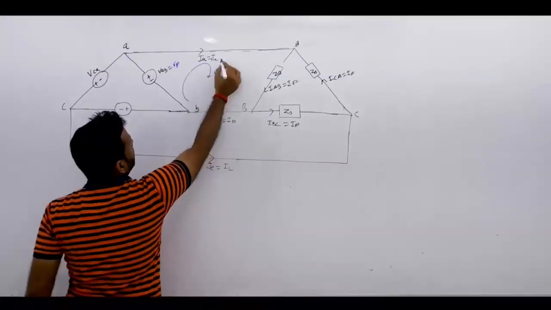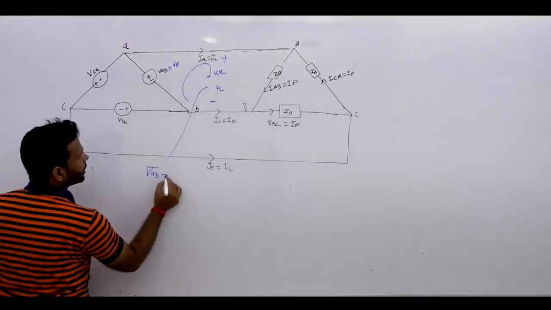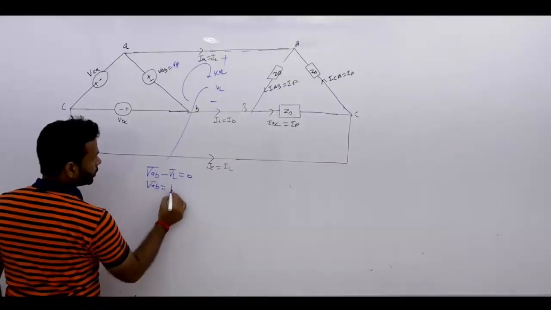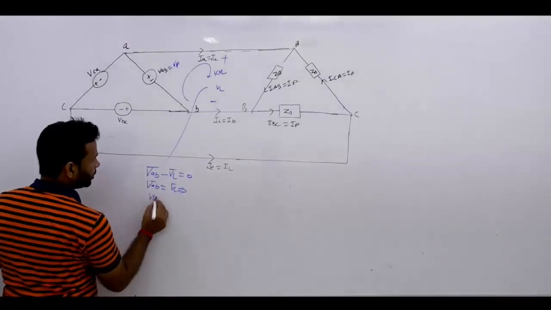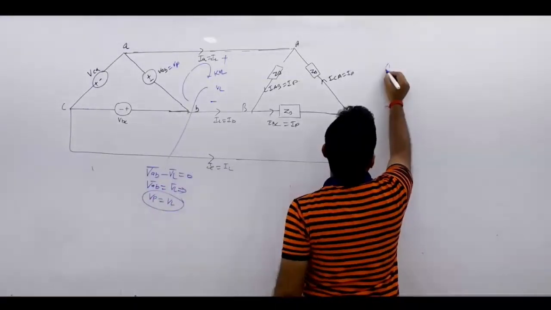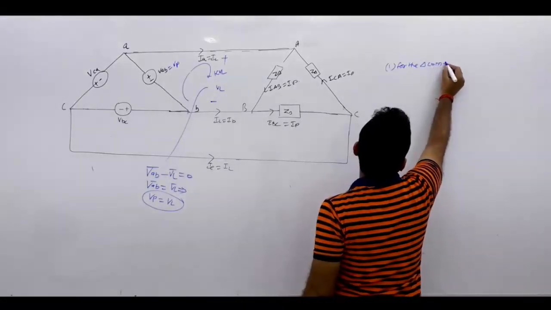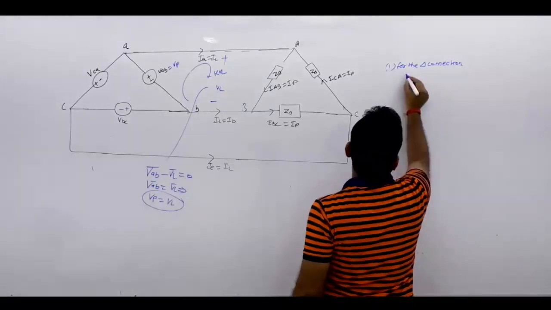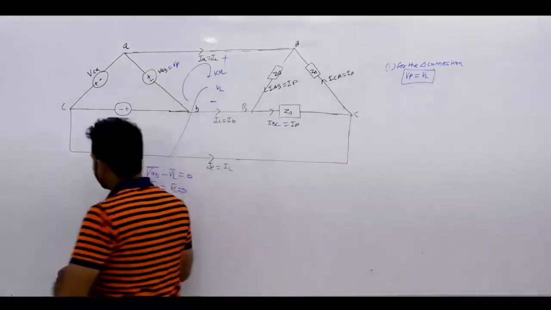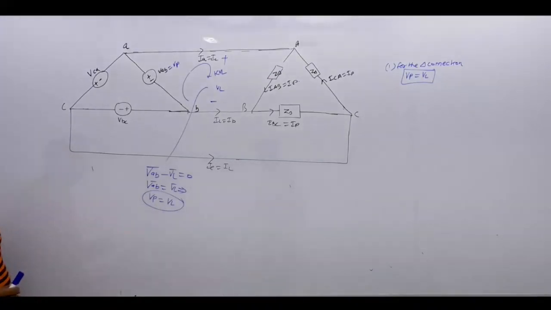So if you apply KVL, VAB minus VL equals 0, then VAB equals VL, and I can write VP equals VL. Now the first point about a delta connection is what? For the delta connection, phase voltage is equal to the line voltage.